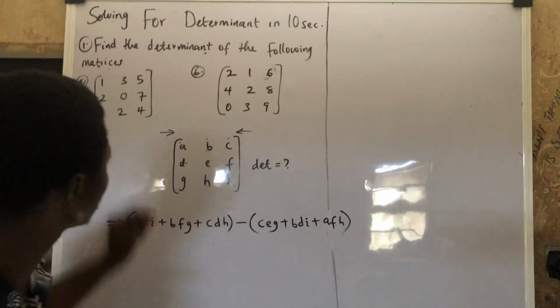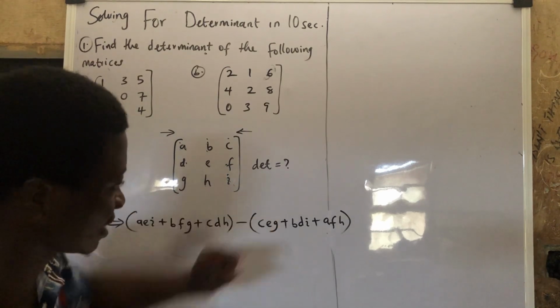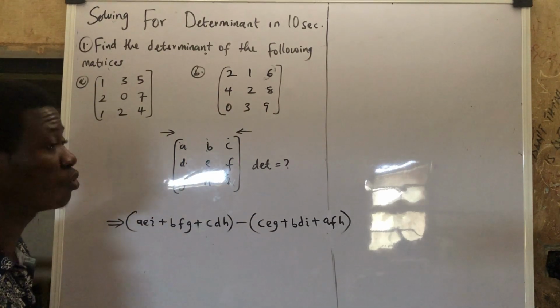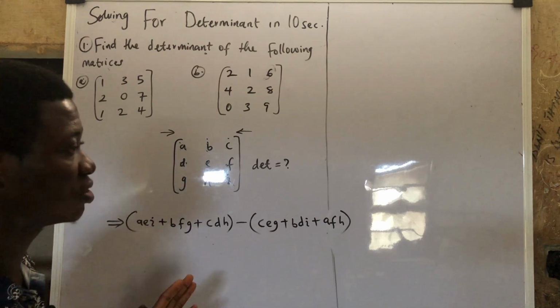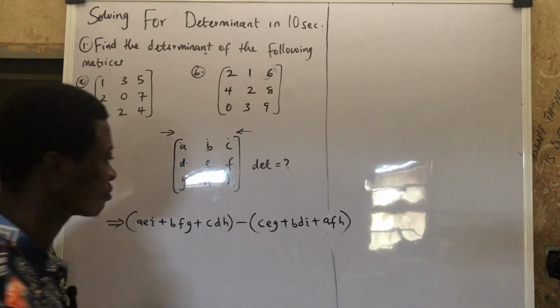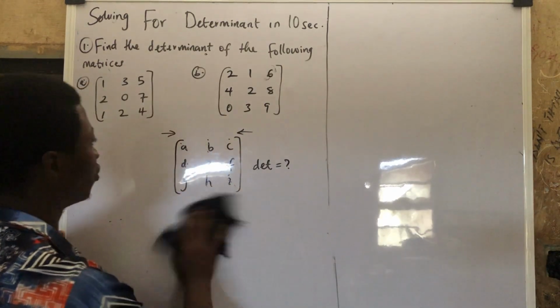So now let's see how to solve this particular question using this format, and let's see if we're going to get an answer. We'll still confirm it using the normal determinant method. We're going to be following the procedure which we just followed now.